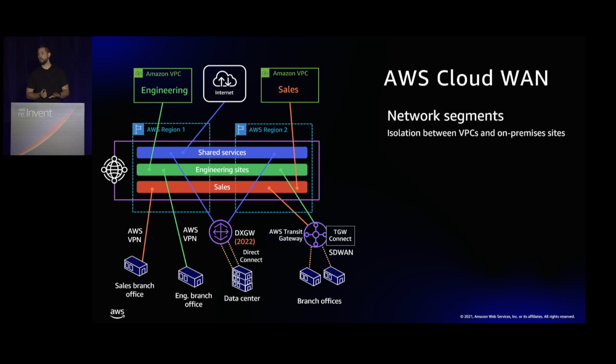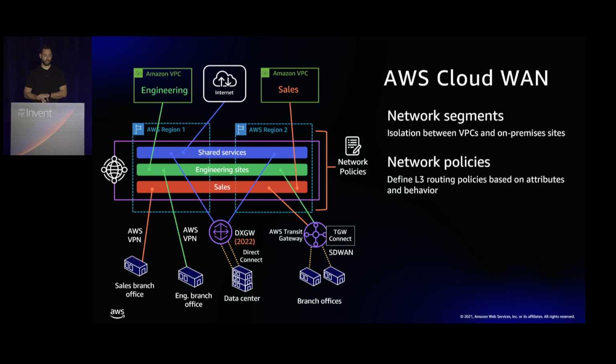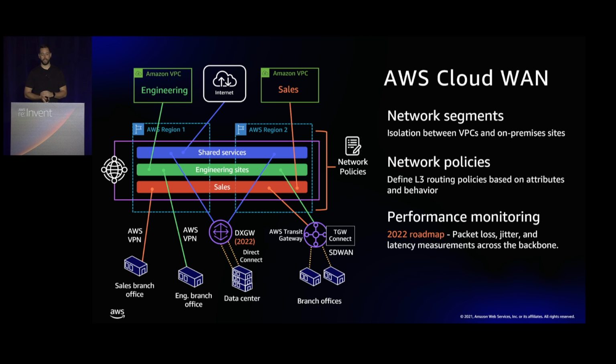We've got Direct Connect Gateway in here as well. A bit of a disclaimer on Direct Connect Gateway: it's not available right now in Cloud WAN. It will be coming in 2022. I've got a couple of other things that we'll be releasing in 2022 as well. But essentially, we can then build network policies, and in 2022 we'll be doing performance monitoring too.